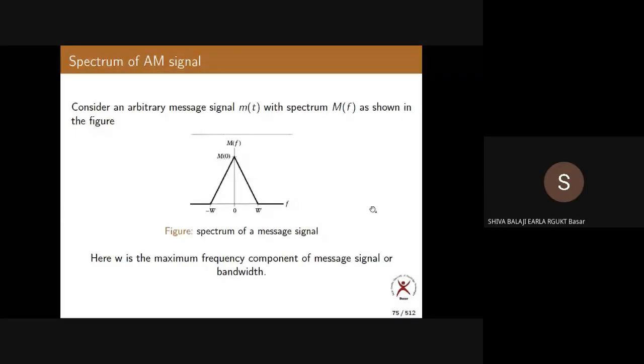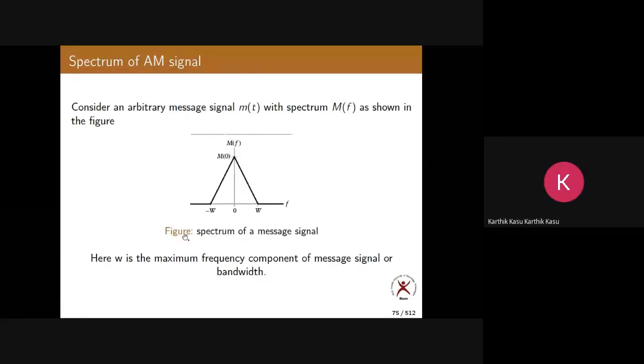Minus W becomes FC minus W. And W becomes FC plus W. If you go to the negative side also, you get similar values. Agreed or not? Yes, sir.